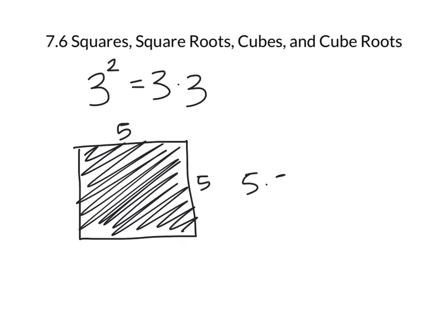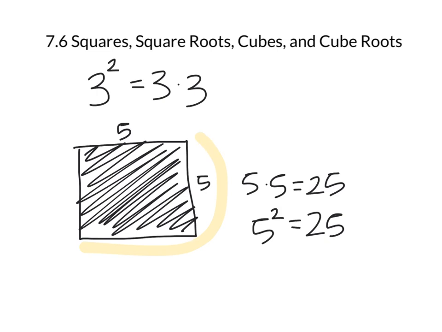So 5 times 5 is equal to 25, and 5 squared is equal to 25. So 25 is the square of 5. And the name came from this concept, that if you have the two sides of a square and you multiply them together, that gives you the area. So that's where the name square came from.